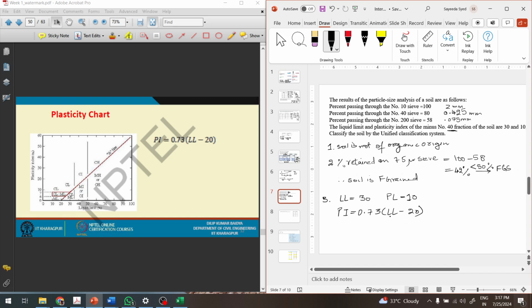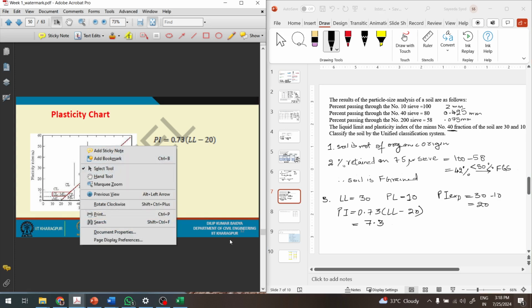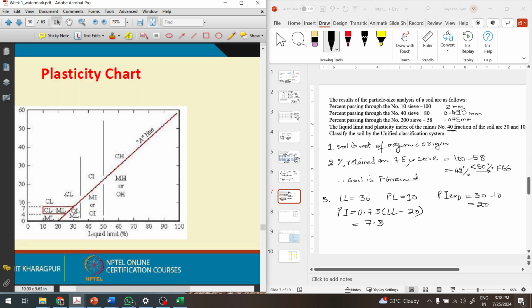This comes out to be 7.3. But the plasticity index of the soil calculated, PI experimental, equals 30 minus 10, which equals 20, which means that at the liquid limit 30, let me transfer this here actually for you to understand better.